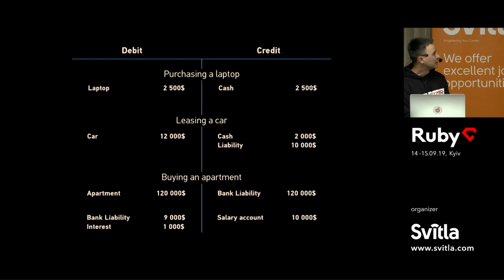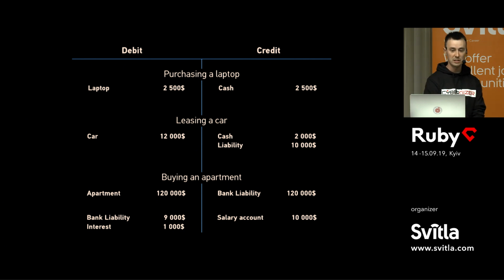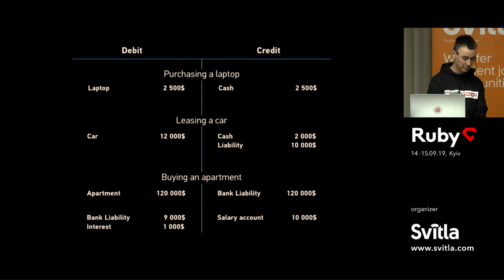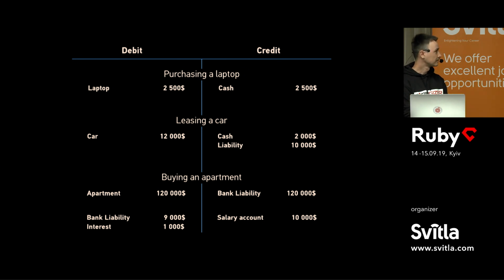What else can we see here is that there are some kind of events like purchasing a laptop, leasing a car, buying an apartment, which affect our system. And actually, these events can be described by some kind of rules, and the system can know how to write this down in different accounts.